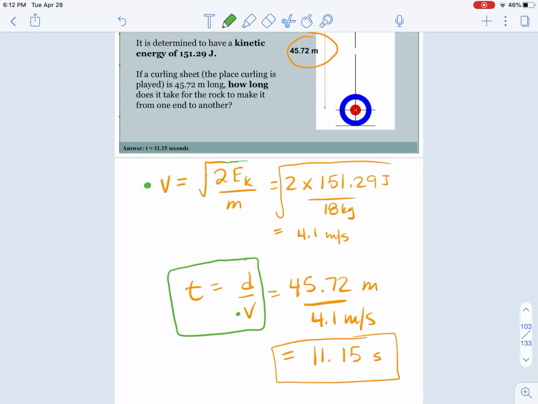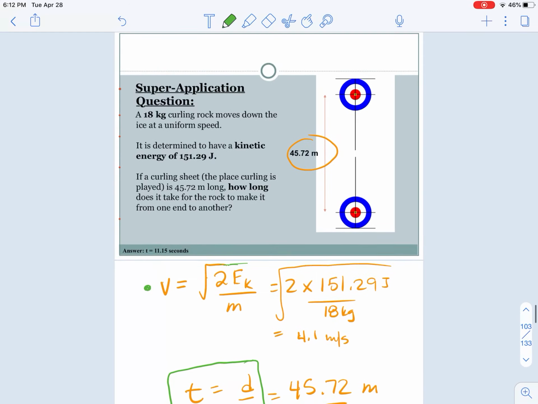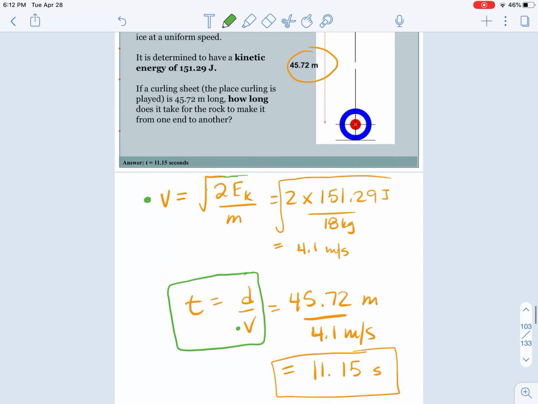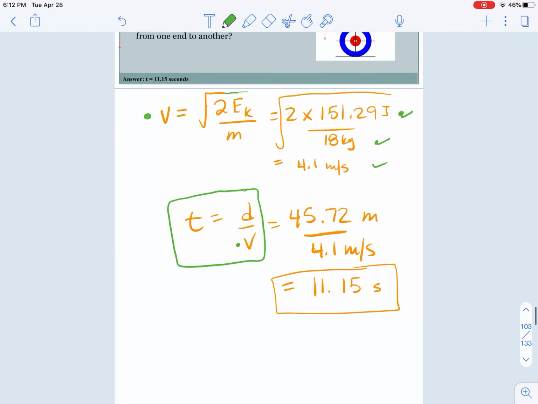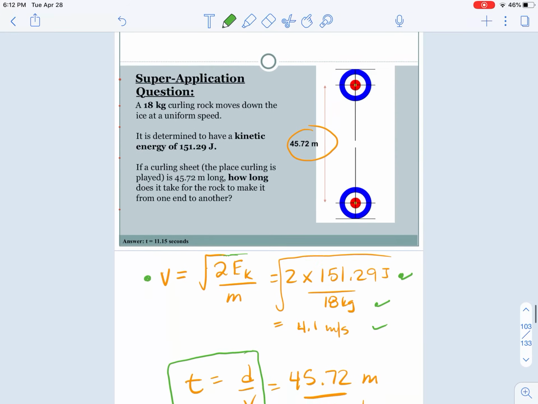Go back to the first page, where I showed you that you can get velocity by taking the square root of 2 times kinetic energy over mass. We have all those values in this question about the curling rock. We've got the 151.29 joules, and we've got our 18 kilogram rock. If you go 2 times the joules, divide by 18, take the square root of that, try that on your calculator, you're going to get the 4.1 meters per second velocity.